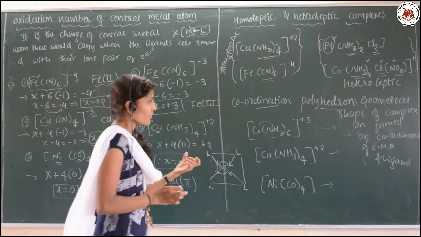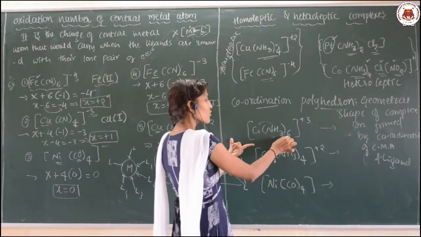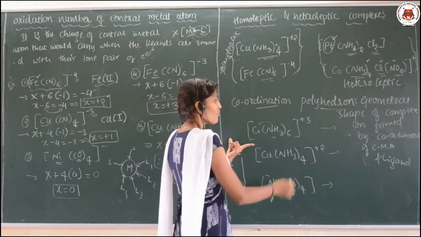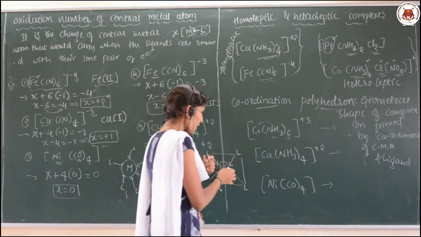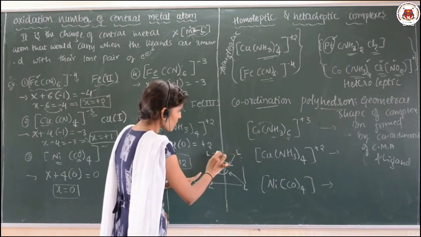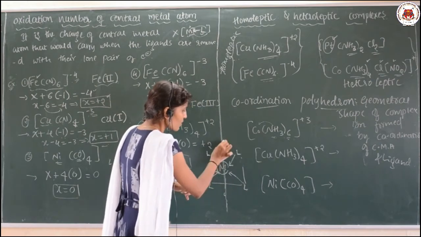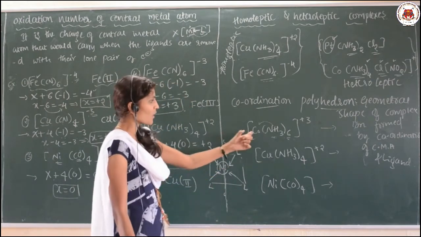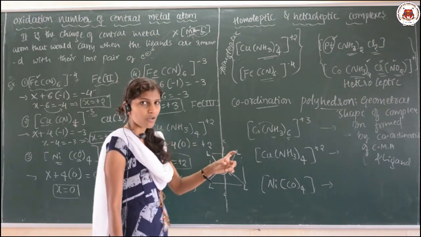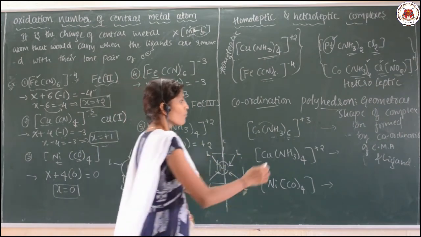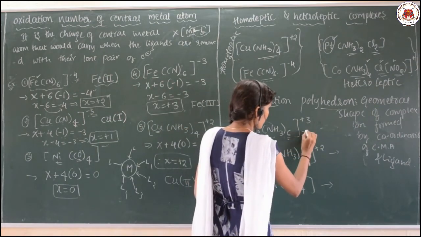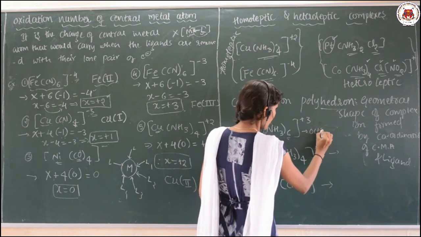So for example, here [Co(NH3)6] is there. 6 means 6 ligands are surrounding the central metal atom, that is cobalt, Co. So the shape will be octahedral.